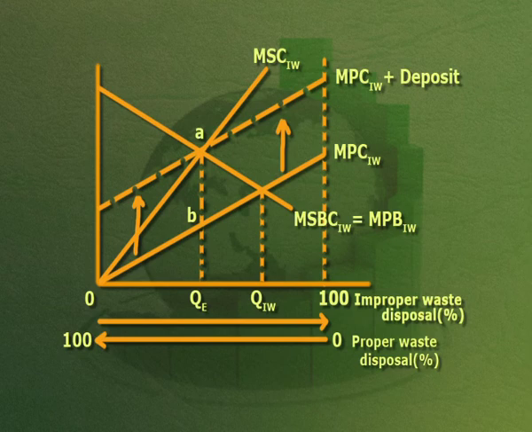Once imposed, the deposit effectively elevates MPC IW by distance AB, forcing the market participants to a new equilibrium at QE. In so doing, a percentage of waste disposal is converted from improper methods to appropriate ones, measured by distance QIW minus QE. Notice that the deposit serves the same function as a pollution charge.